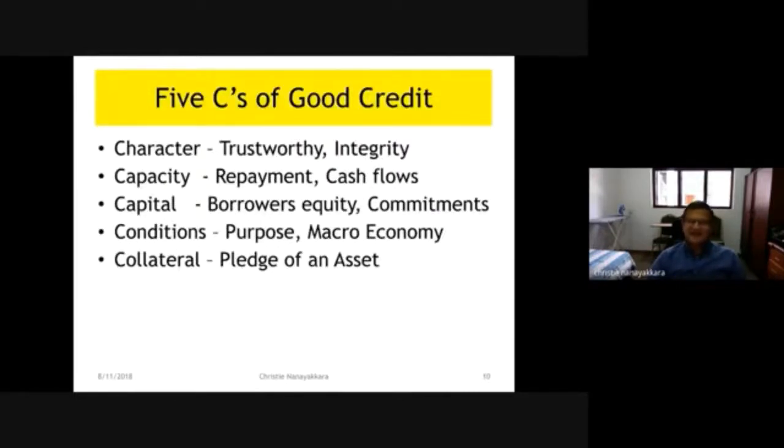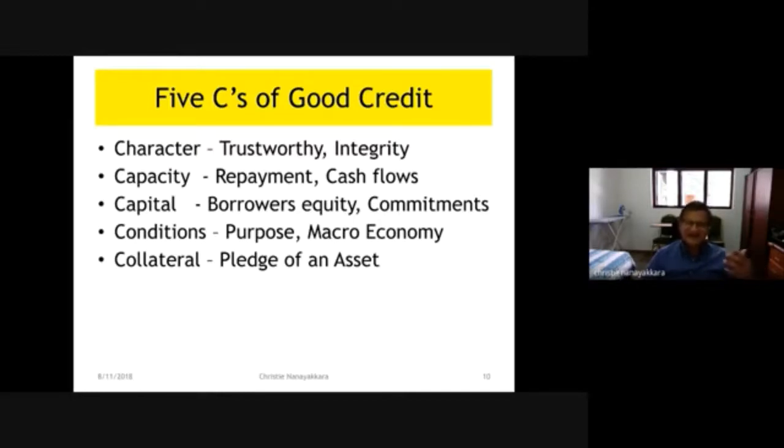The 5 C's of good credit are, the first C is character. Now, I told you we have customers who are unwilling to pay, or we call them willful defaulters. Willful defaulters are checked from the character. Trustworthy and integrity are 2 words which I use here to describe character. You can't ask the customer to bring a character certificate.